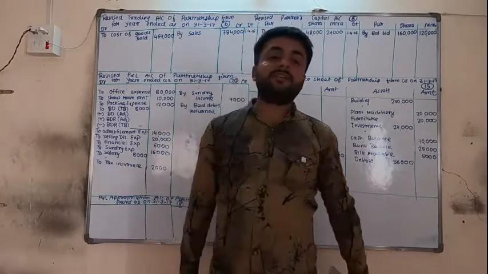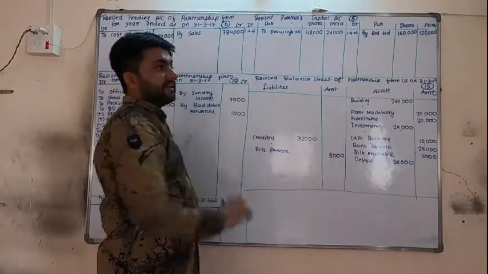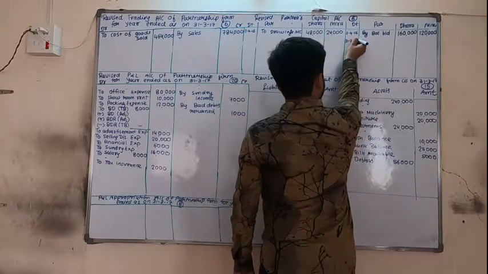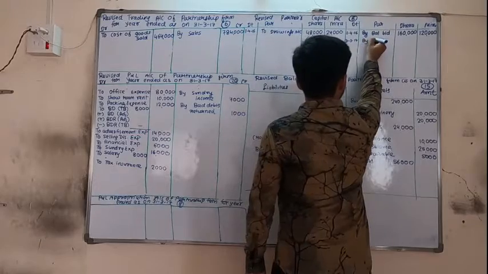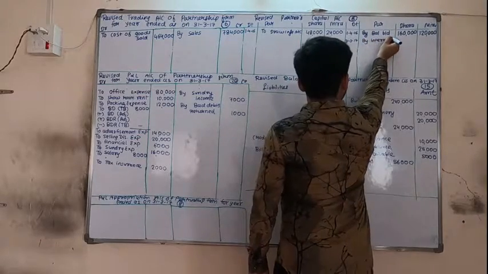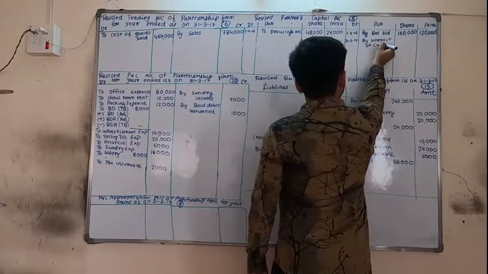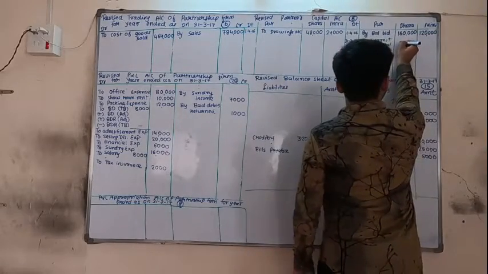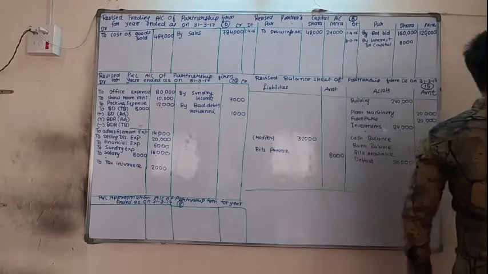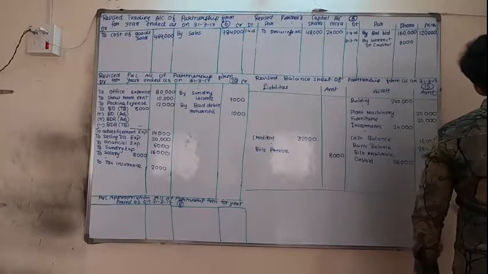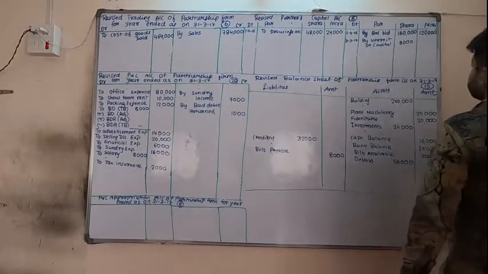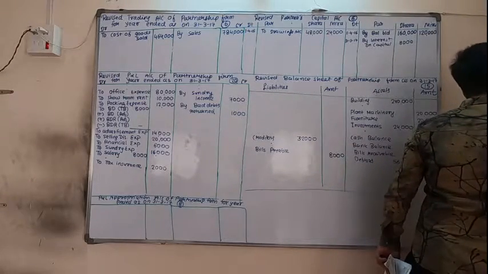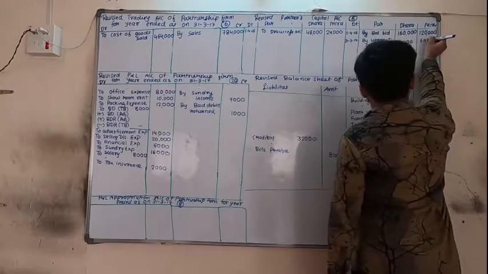5% interest on capital is not calculated. Capital is credit, so its interest will also be credit. So 31/3/70, by interest on capital. 5% is required. So 1,60,000 into 5% is 8,000, and 1,20,000 into 5% is 6,000.